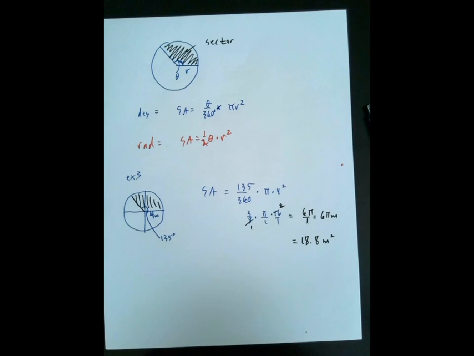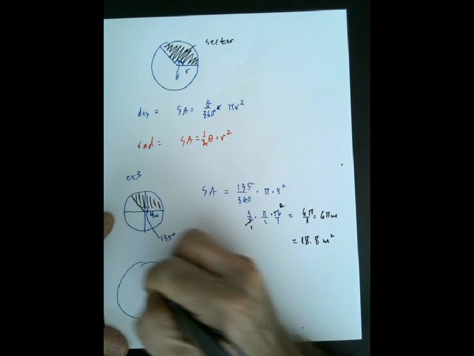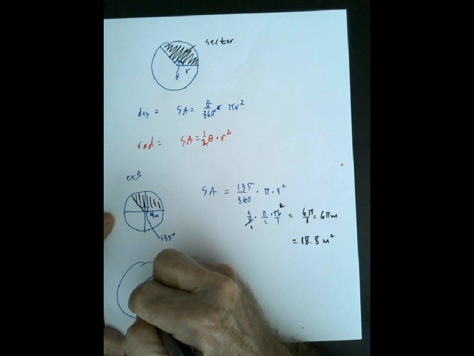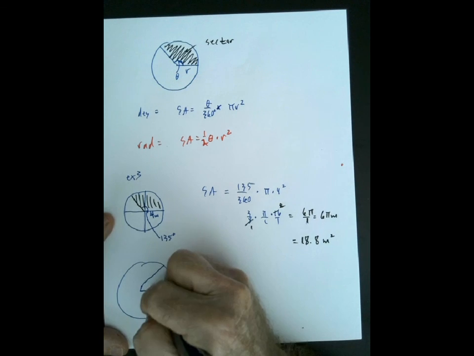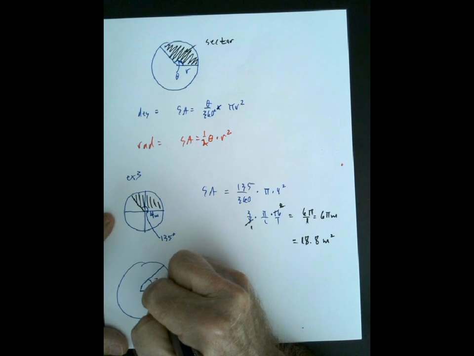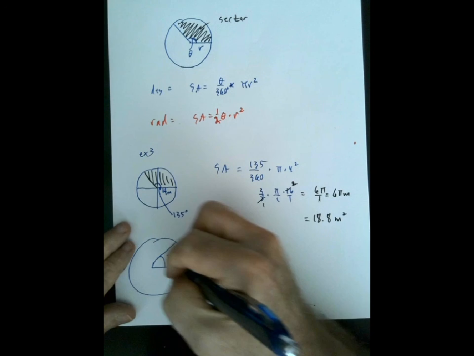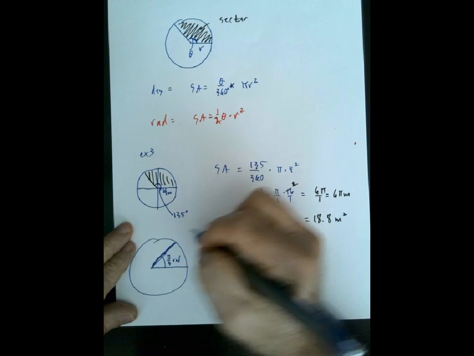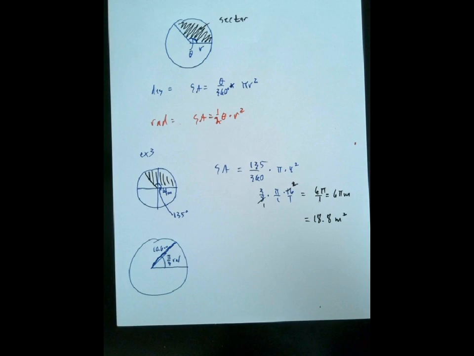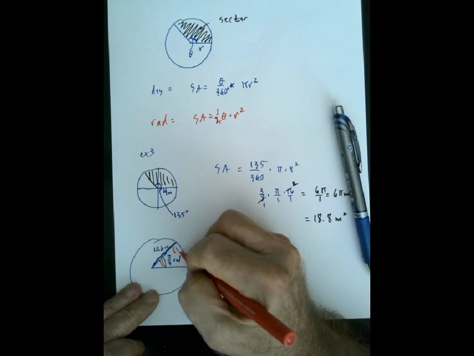So how about this one here? Let's say we're given a circle, and I happen to know that the angle is pi over 3 radians, and the radius is 10.6 inches. So what would be the area of this pie piece?